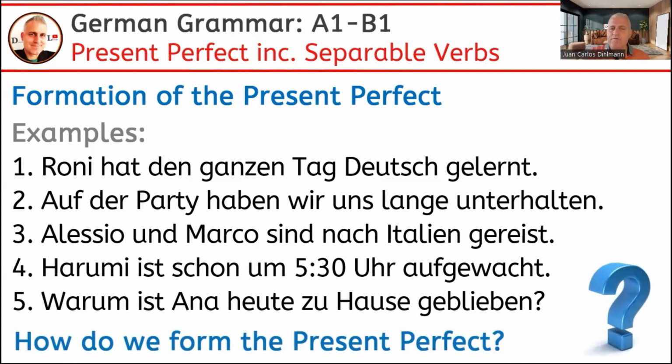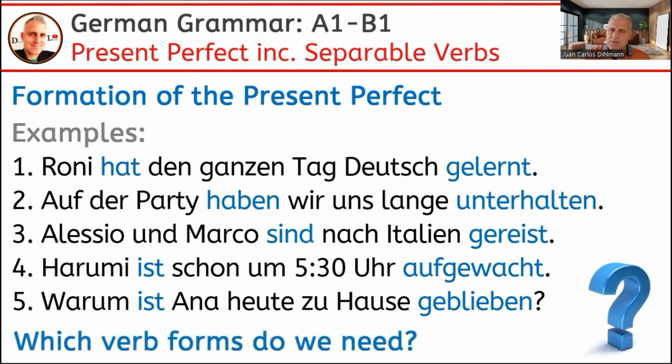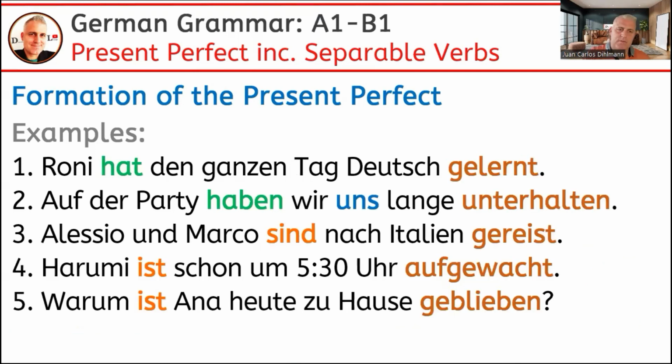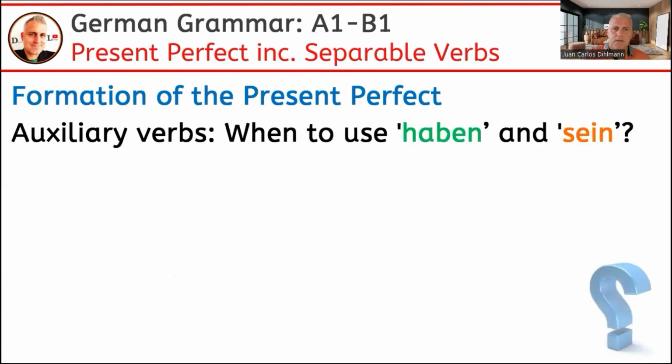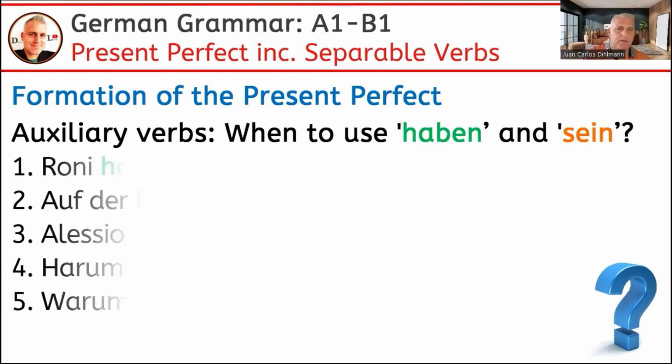So, how do we form the present perfect? Have a look at the sentences. Which verb forms do we need? We need an auxiliary verb, which is haben or sein, and the past participle. But when do we use haben or sein as an auxiliary verb?